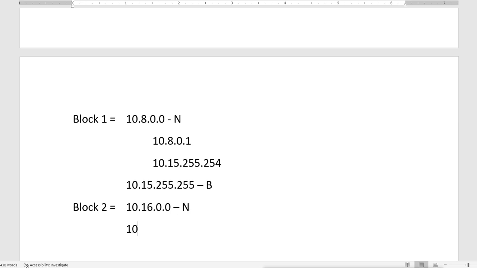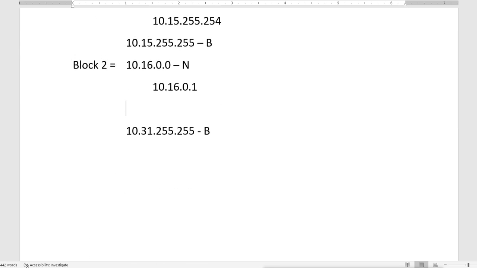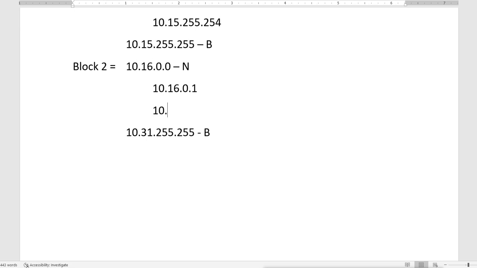Now if you add 8 more here, it becomes 32, and because we are starting from 0, it will become 31 here, and these numbers will reach up to 255, and that will be the broadcast IP for this block. And usable IPs will start from this to 31.255.254.